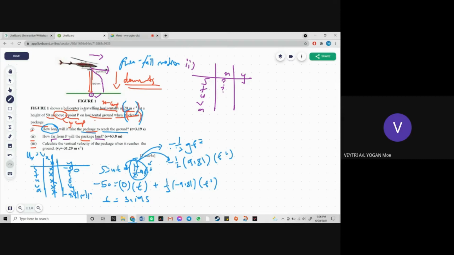Figure 1 shows a helicopter is traveling horizontally at 20 meter per second. So, traveling horizontally kan? Jadi, horizontally itu apa? X component. So, when we are talking about X component, initial velocity of the X component is, kan dah ada kat sini, 20. Okay? Next, final velocity, I think you guys know, 20 juga.